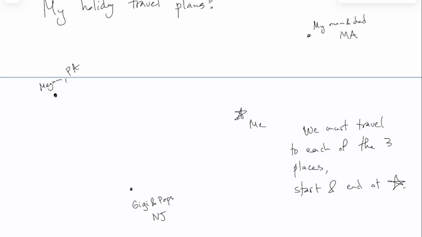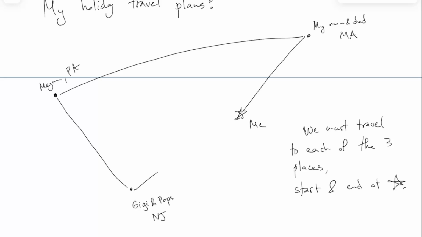Now, we can consider these places to make a graph in terms of all the various ways that we could go from somewhere to somewhere. So we could go from my house to my parents' house, and then from my parents' house to Megan's house, and from Megan's house to Gigi and Pop's, and then back to my house. That would be one way to do it. But of course, there are many other ways you could have done this.